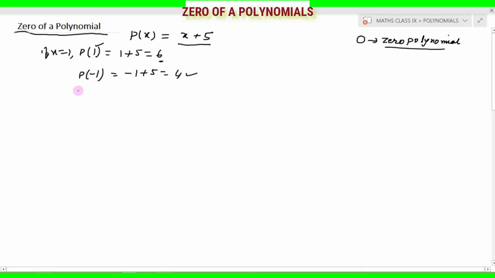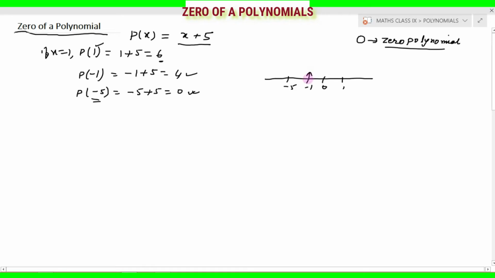And if we take x as minus 5, then we get minus 5 plus 5 equal to 0. It means 0 is the value of this polynomial at the point minus 5. Suppose this is the number line, with 0 here, minus 5 here, 1 here, and minus 1 here.